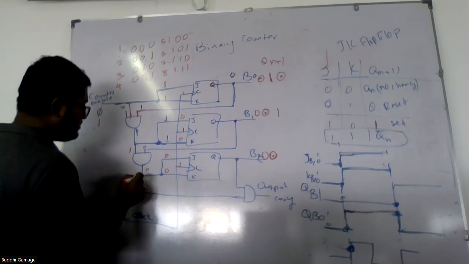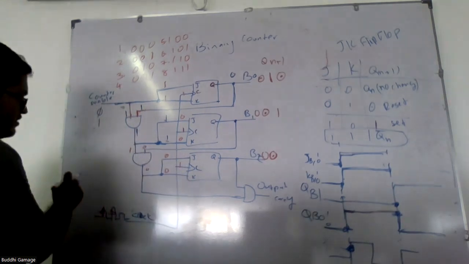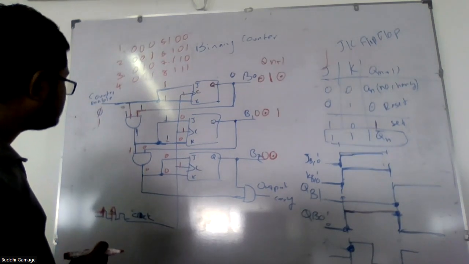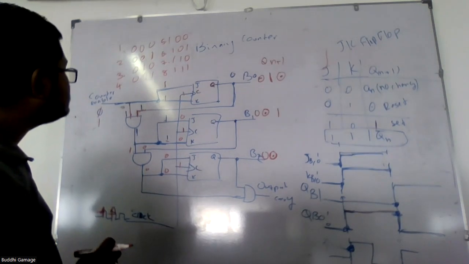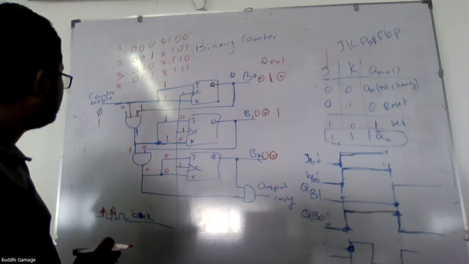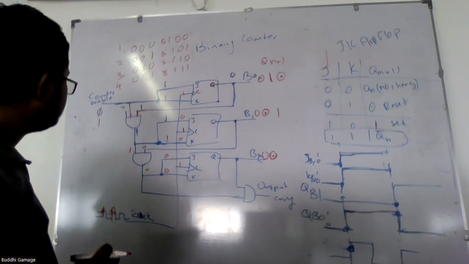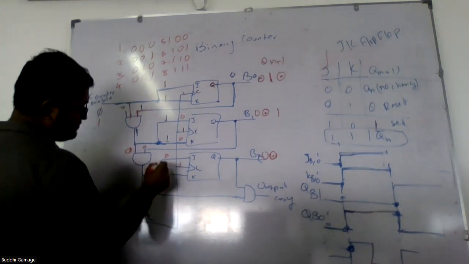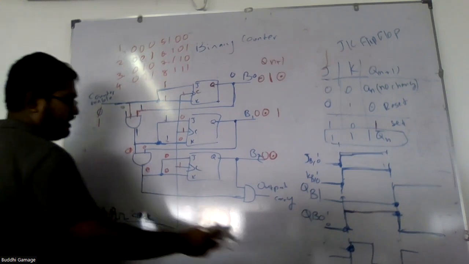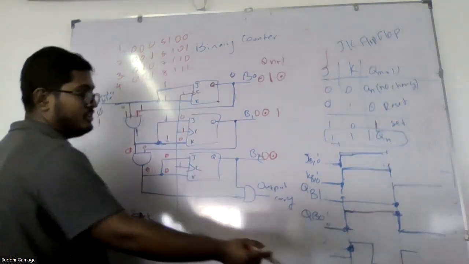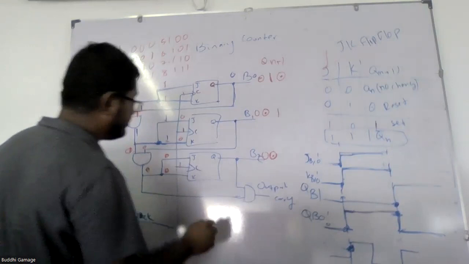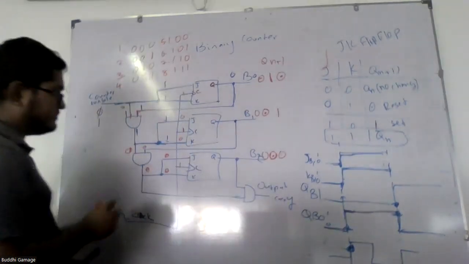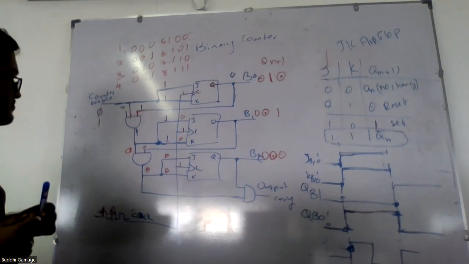So in that case, false or 0. So in that case, this is 0, right? So it is 0, 0. Likewise, in this state, you can draw the timing diagram and see. So this is 0, 0. So this value will be 0, right?